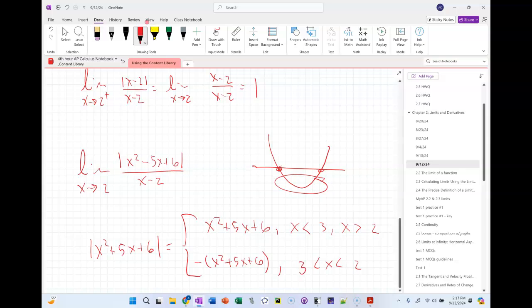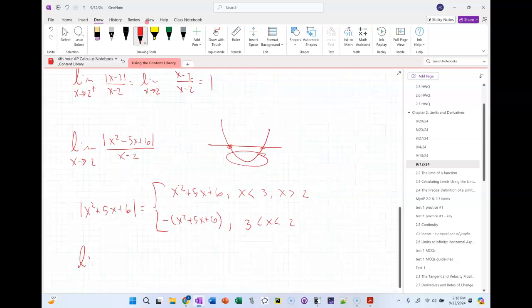Sorry about that. Note that you can't reduce something inside an absolute value to something outside an absolute value, right? Yeah? Or no?